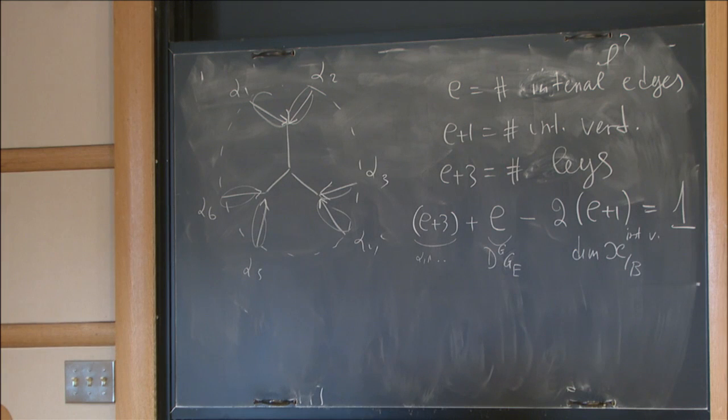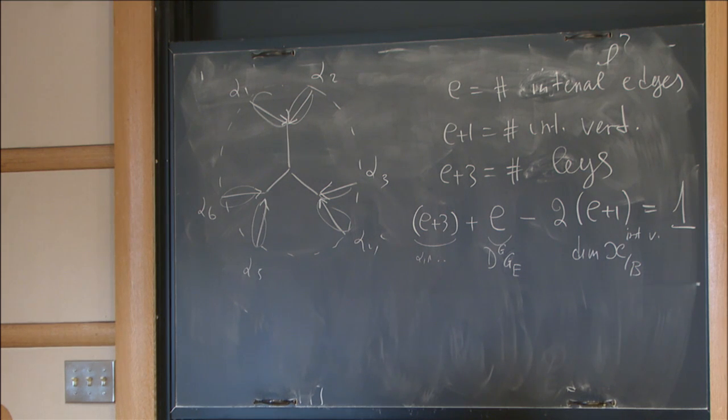I'm afraid I haven't followed. Okay, let's do it again. We consider a particular case when the tree is decorated only by one forms. You've taken away 2E plus 1. Why taking away 2E plus 1?